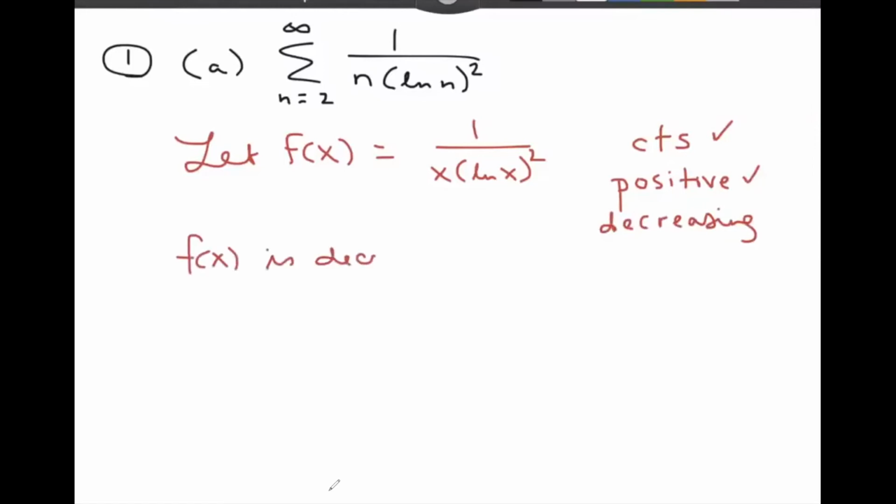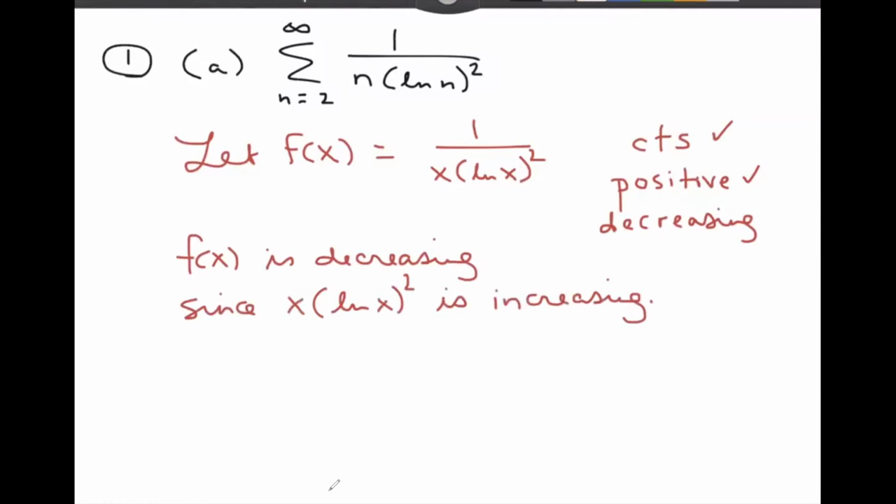So I'm going to say that f of x is decreasing because its denominator, x times the natural log of x squared, is increasing. Okay. Especially once natural log of x becomes positive, which happens at x equals 1, then natural log of x is an increasing positive function.